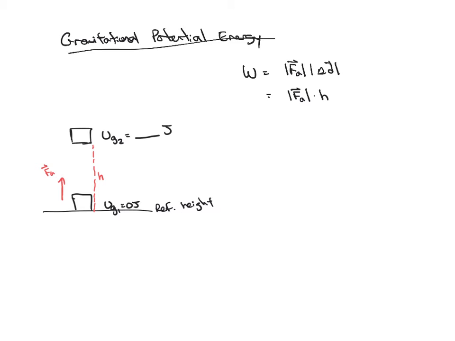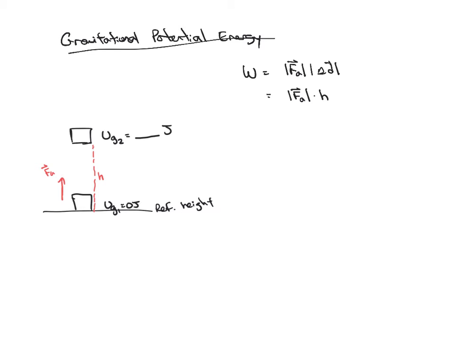But why should it be mg? Why should the applied force be mg? So the problem we run into here is that this applied force can be all sorts of forces. Somebody could apply a really strong applied force and lift that box up really quick, get it up there really fast.